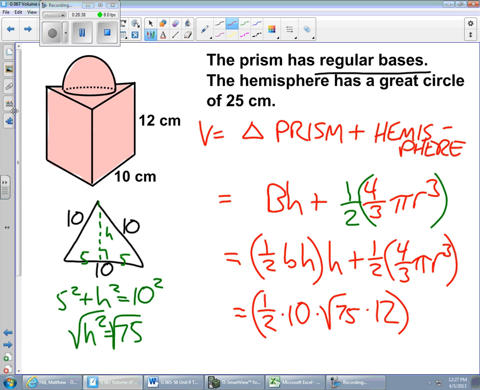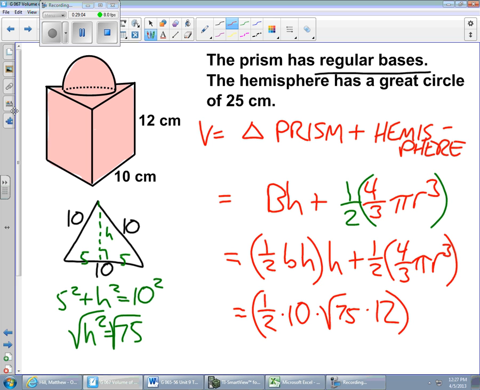The only information we seem to have about the hemisphere is that it has a great circle of 25 centimeters. Okay, well, there's that term we discovered the other day. What on earth is a great circle? It's the biggest circumference that a sphere has to offer. Since we are dealing with a hemisphere, that's exactly half. The great circle occurs, for lack of a better way of putting it, at the equator.